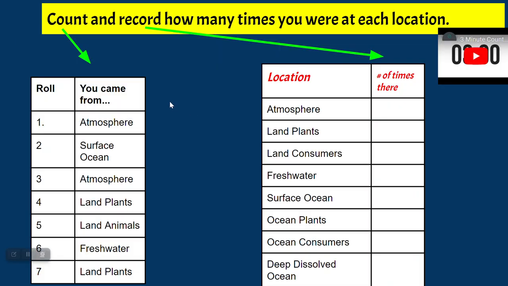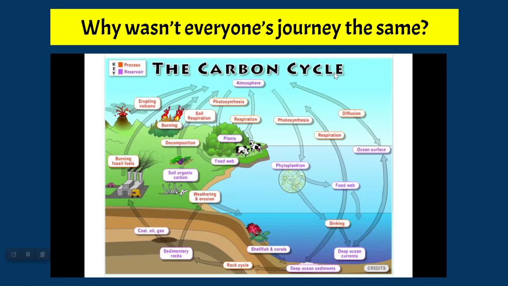All right, and so that just took a moment if you were one of the classes that did this. All right. Why wasn't everyone's journey the same? Well, one obvious answer is you didn't start in the same location, right? So it kind of depended where you started, where you would go next. Because if you start as a fossil fuel, for example, you can't go immediately into the atmosphere, right?